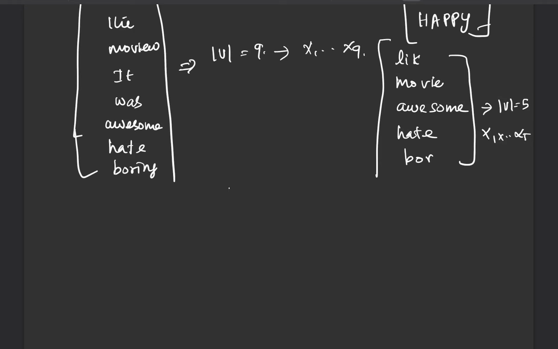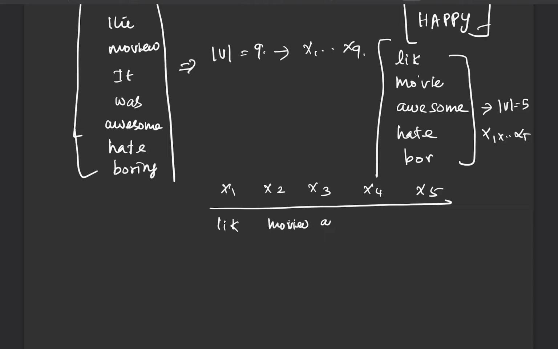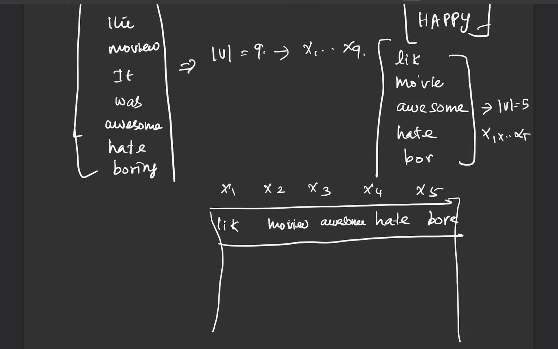So I have the feature vector x1, x2, x3, x4 and x5, and x1 represents the word like, and this one is movie, awesome, hate, bore. Now I'll do the conversion, feature vector creation, which is called feature engineering.